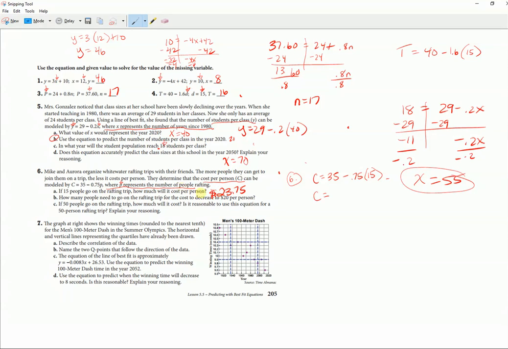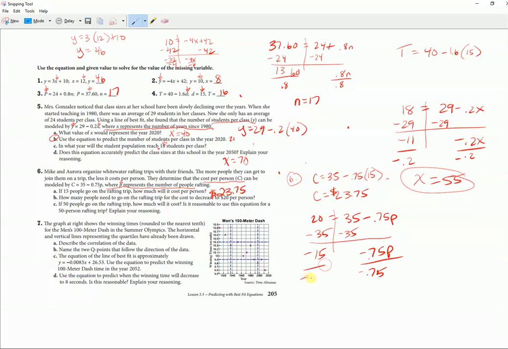How many people need to go to get the price down to 20 bucks per person? Now they're telling you the C value. We just found that if 15 people go, it's going to cost 23.75. This time they want you to put 20 in for C and figure out what the variable P will be. So we'll make our math wall, subtract 35, and we end up with negative 15 equals negative 0.75p, and we'll divide by negative 0.75.